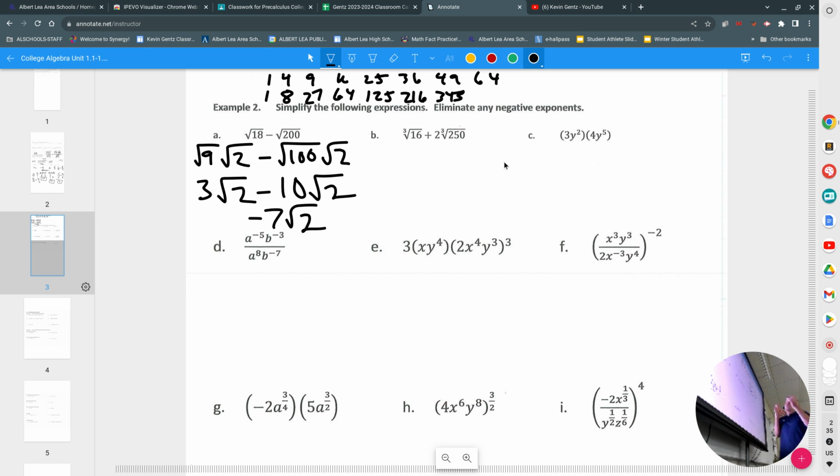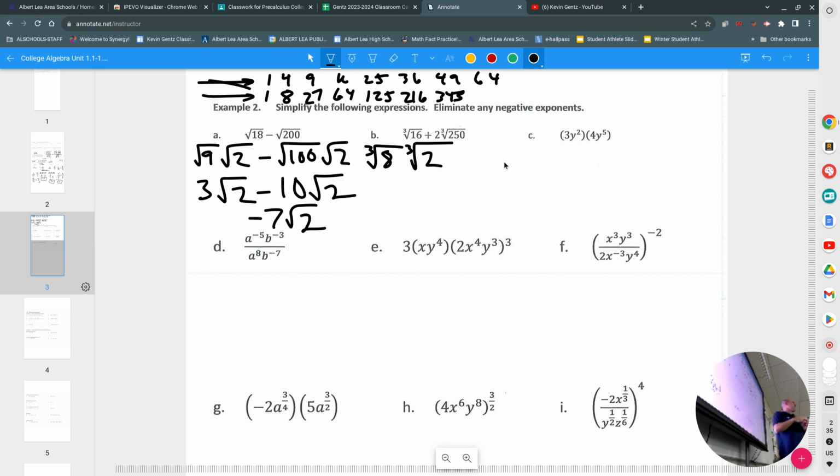So when I do letter B, I don't want to look at this one right there. I want to look at this one right here because I'm dealing with the perfect cubes. So what's the perfect cube that divides evenly into 16? 8. 8 goes in twice. So that's the first mistake people make.